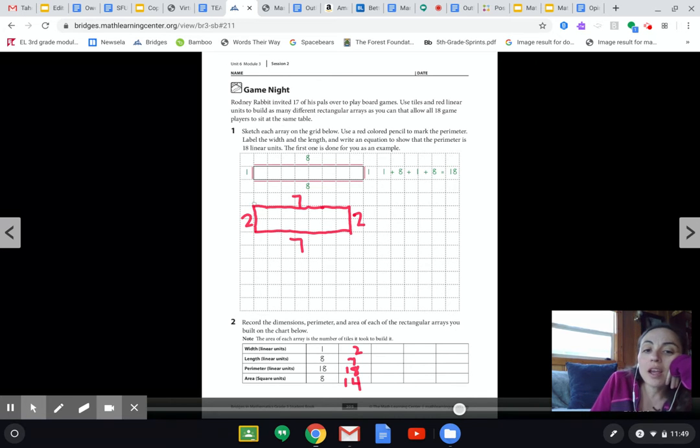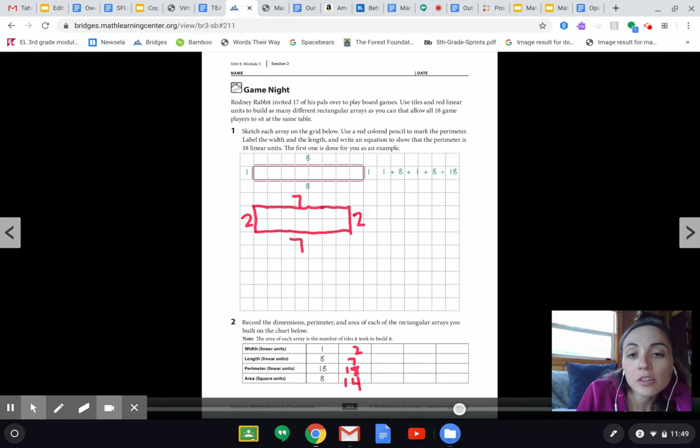So here I drew a 2 by 7 table, 2 meaning the width of the table, 1, 2, and 7 meaning the length of the table, 1, 2, 3, 4, 5, 6, 7. So obviously in a rectangle, this side is the same as this side. So we have 2 on each side, and this side is the same as that. So 7 on each side.